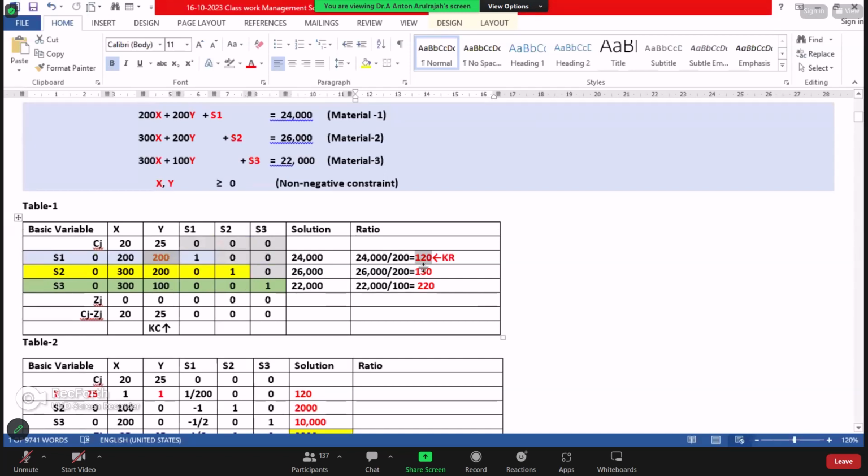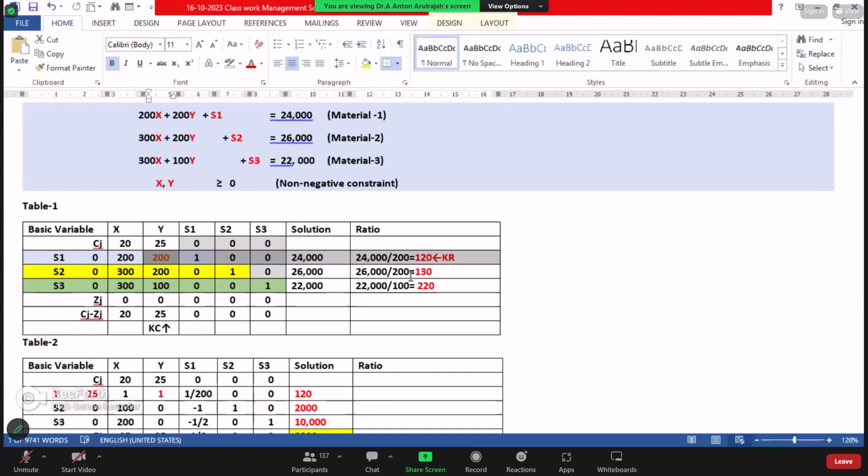The answer 120 is indicated because this is the available material. To produce 1 unit of X2, we need 200. So 24,000 kilograms divided by 200 is equal to 120, the number of units we are going to produce of that product because that is giving maximum profit.